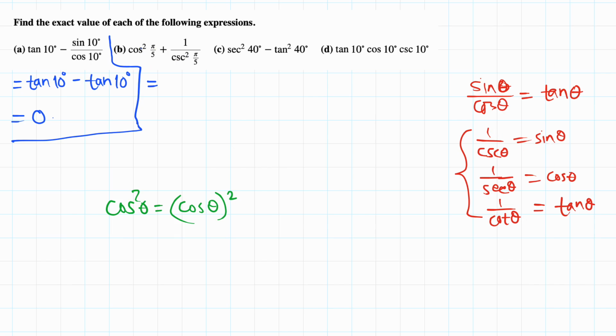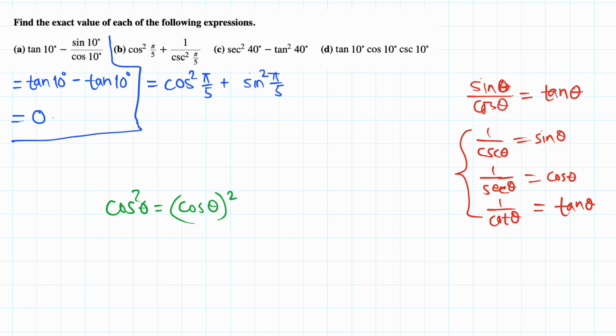So this is cosine squared pi over 5 plus, we can put the whole quantity squared, 1 over cosecant pi over 5. 1 over cosecant of an angle is sine of that angle. So that's the sine of pi over 5, squared.